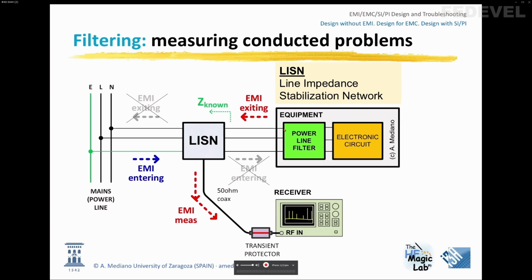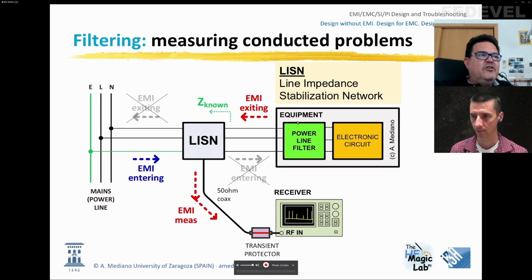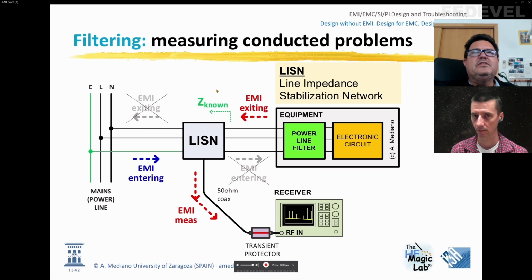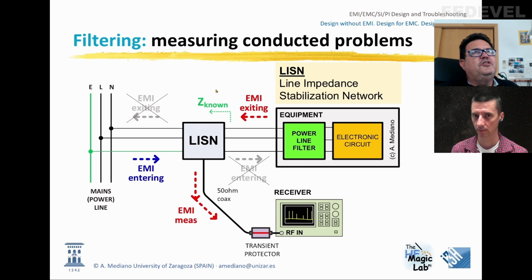So if this is your product, the noise you are injecting in the power supply system is dependent on the impedance you see in this network. So it's impossible to measure in Spain, in Germany, in London, in the UK, in Italy, in different laboratories, and to compare the noise you are injecting with the same limits, because the noise you are injecting depends on this impedance.